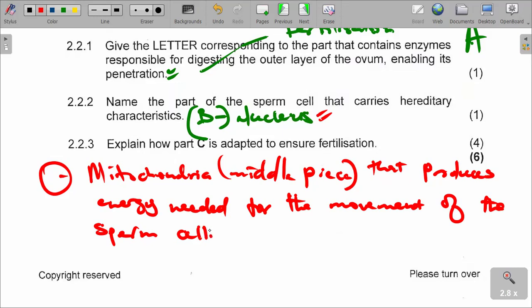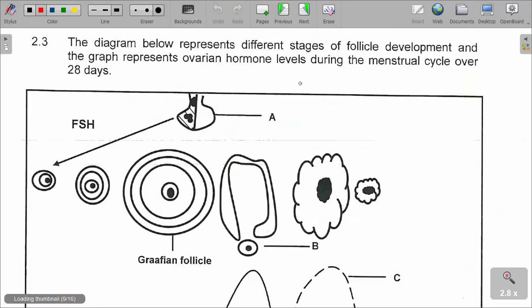The sperm can move because it allows the movement of the sperm cell in order to reach the ovule. It has the mitochondria, which actually promotes the movement of the sperm cell, or the locomotion.